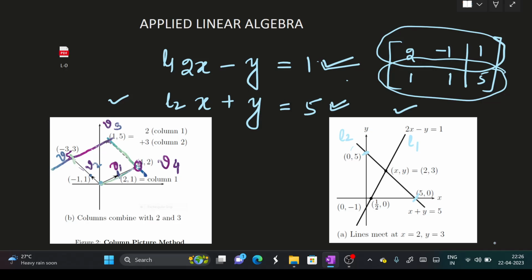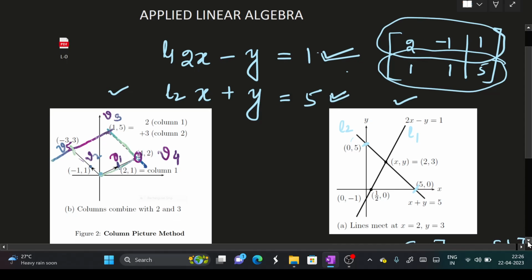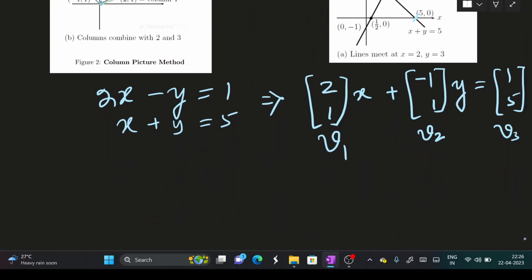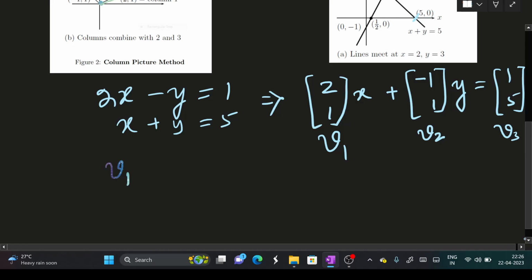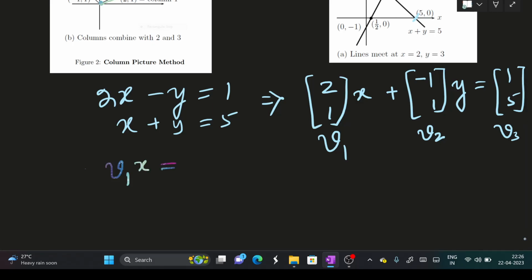Now there will be some relation. Naturally they are scalar multiples of each other. If they are represented on the same straight line, that means the vectors are scalar multiples of each other. So here we will note these two points. What I have done: some scalar x times V1 is equal to V4. From this I'll get my x.